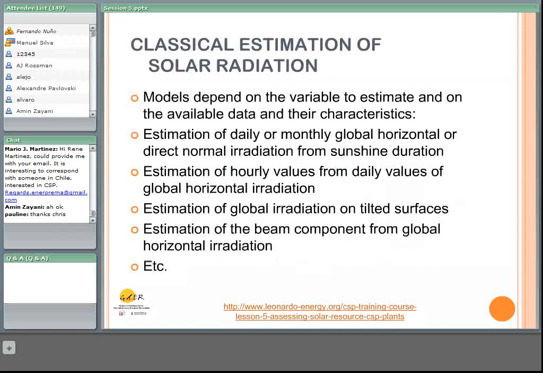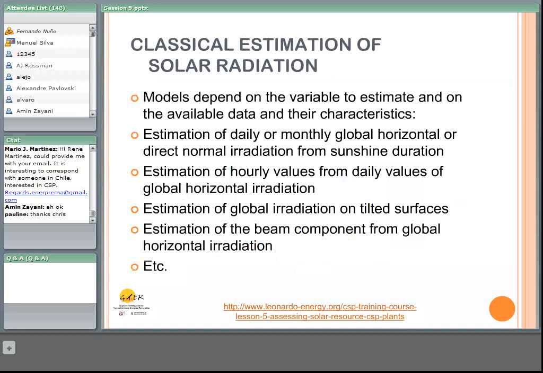Well, I've talked a little bit about measurement. Now, estimation of solar radiation. You can estimate solar radiation using different types of models. The use of one model or another depends, of course, on the variable to estimate and on the available data and their characteristics.